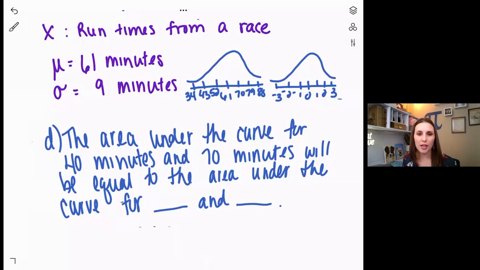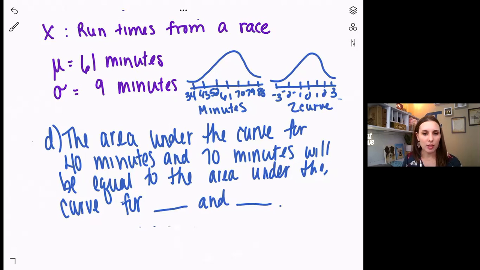So this question is asking, and you'll see above I sketched a rough sketch of the two curves. We have the curve of the variable minutes, and then we have the z-curve, or the standard normal curve.